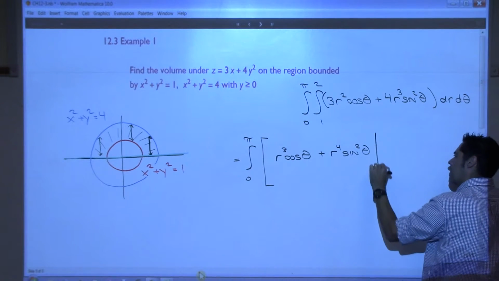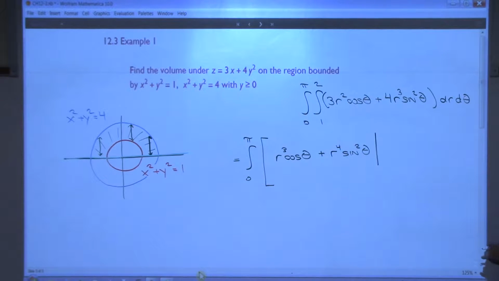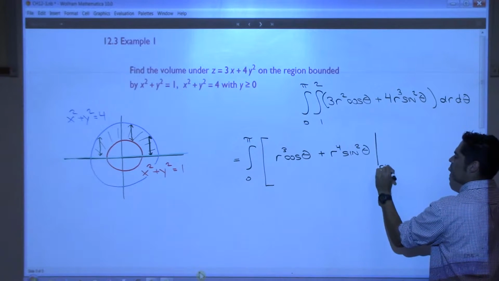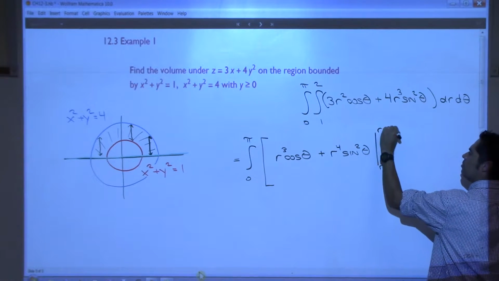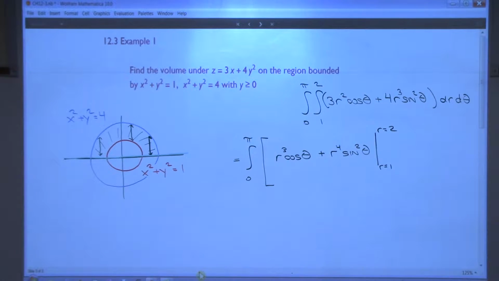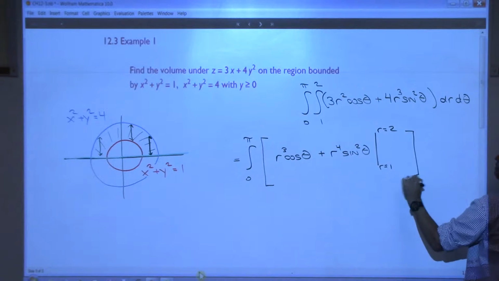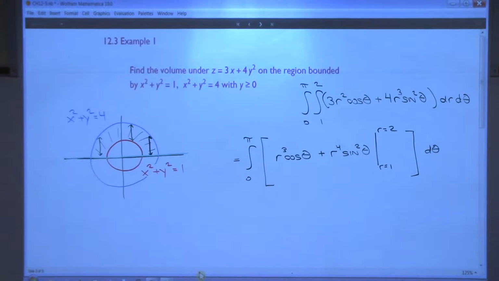I'm evaluating that where and where? r equals 1, r equals 2, like that. And then d theta out here. So we're going to plug in 2 first, figure out what happens, subtract what we get when we plug in 1 for r.